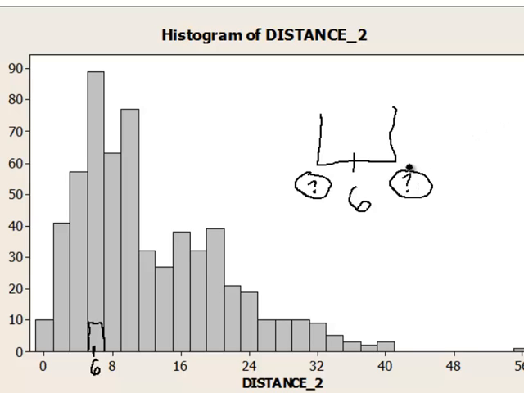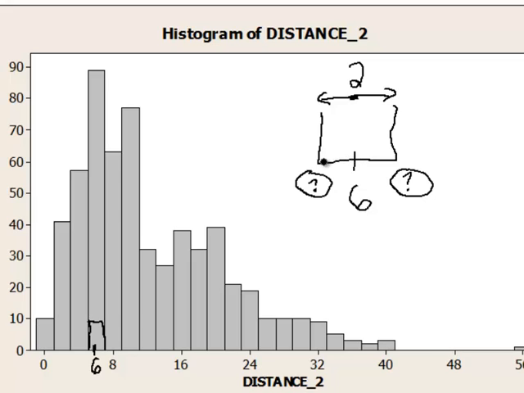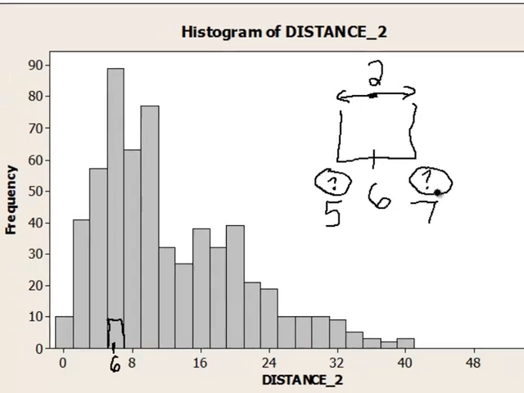Now, since we know that the class width is 2, then we know that this is half of 2, and then this is half of 2. So this lower limit would be half of 2, which is 1. So 6 minus 1 is 5. And this half is also 1, and we want to add it to 6 because it's getting larger. So 6 plus 1 is 7.